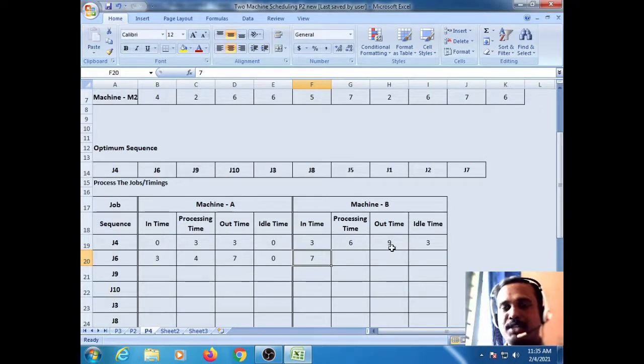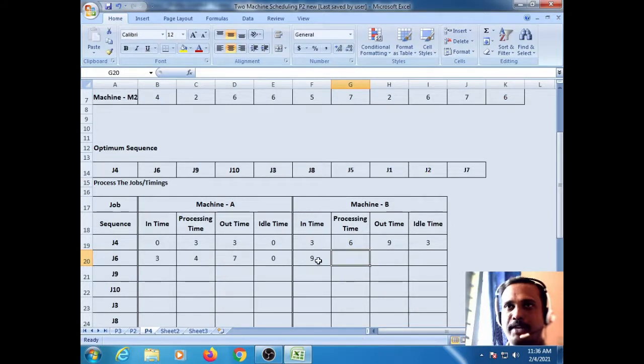So the machine at a time can process only one job. That's why the machine B is unable to process the next job. At 9th hour it can. That means at 7th hour we have a job to process on machine B, but the machine is busy. So at 9th hour it is possible to process on machine B.